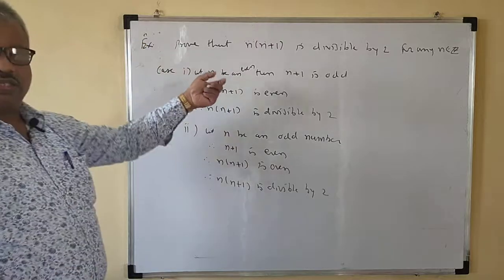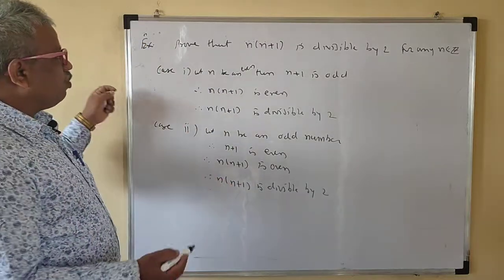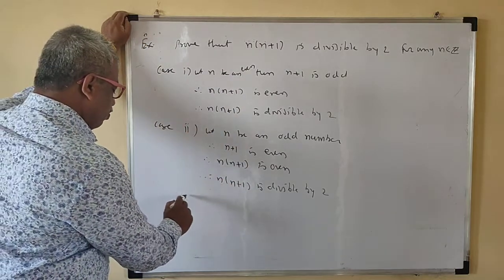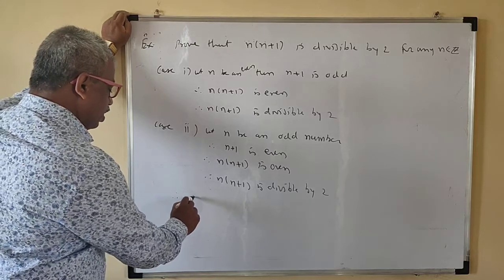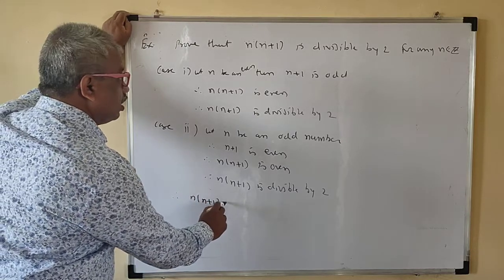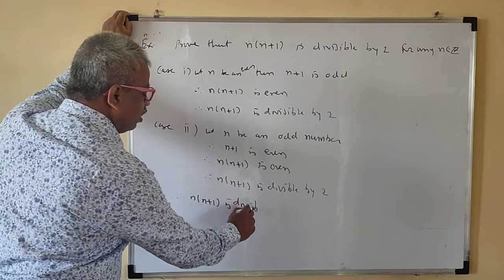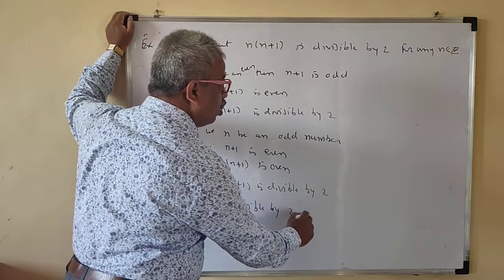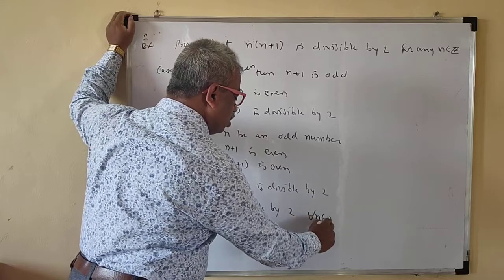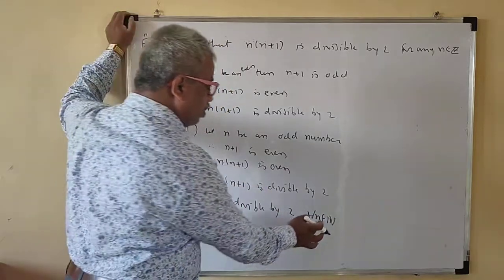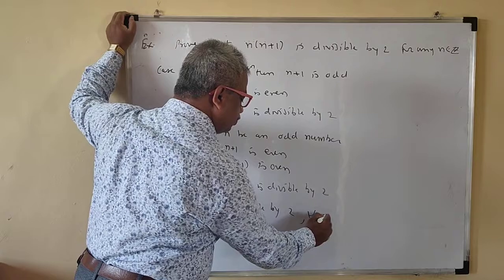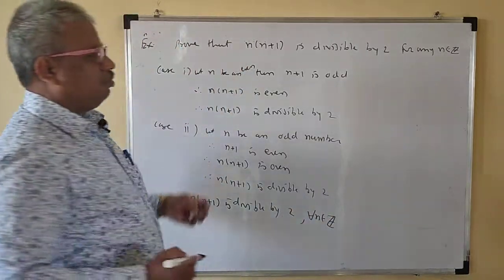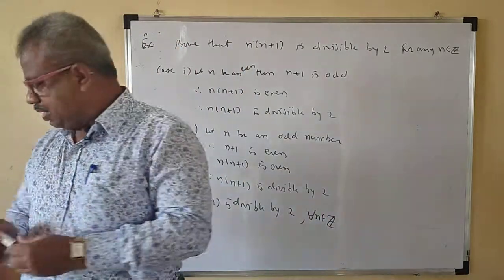So n is even or odd, right? Therefore n into n plus 1 is divisible by 2 for all n belongs to Z. So the problem is over now.